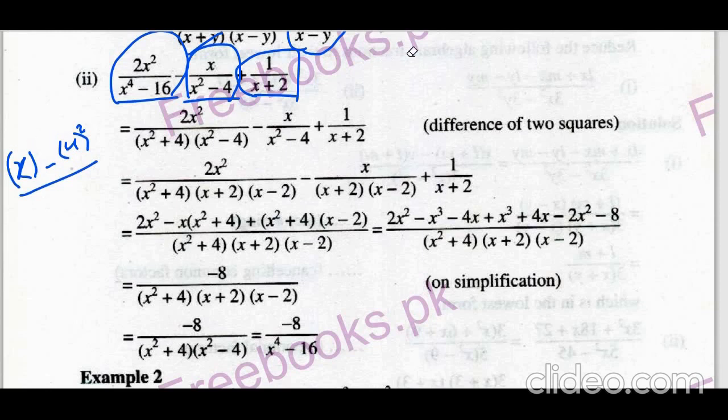We can write this as x squared whole squared. Okay, this is 2 over x squared minus 4 times x squared plus 4.